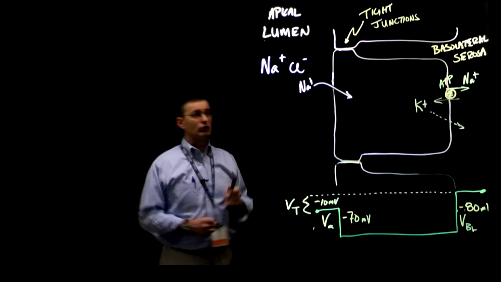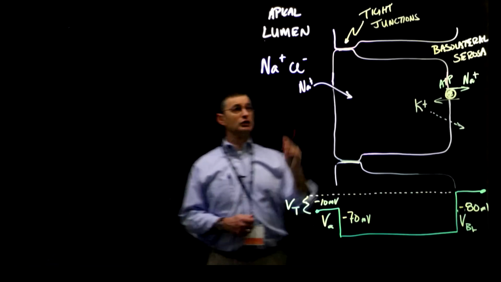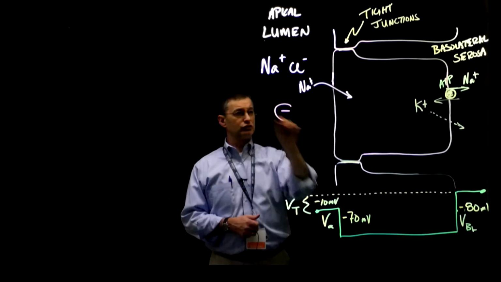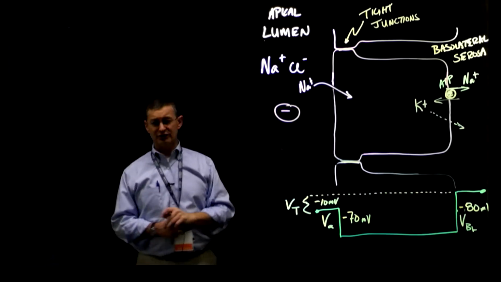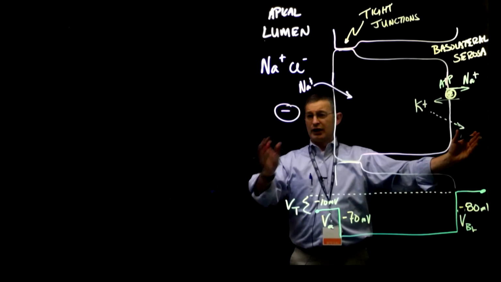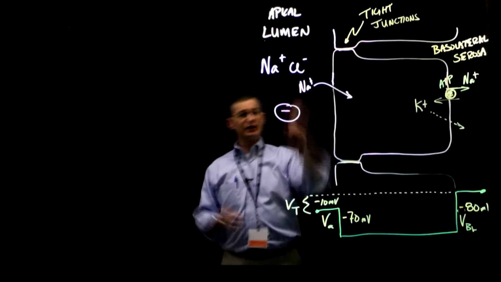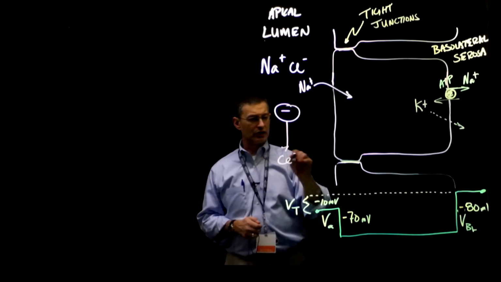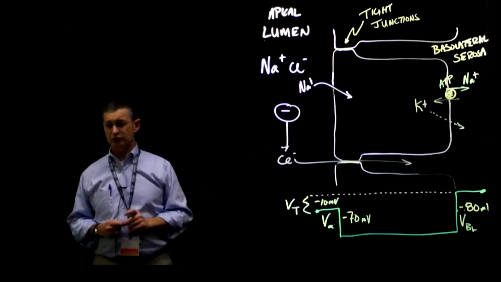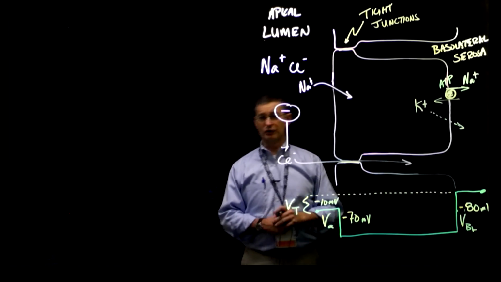The trick comes for chloride. There's no chloride transporter in the apical membrane. Chloride moves, however, because as sodium moves into the cell, it leaves behind chloride, and that generates a lumen negative potential. So the transepithelial potential across this monolayer has a lumen negative charge compared to the serosa. That lumen negative charge drives chloride in a paracellular route down its electrical gradient over to the serosal side of the monolayer.